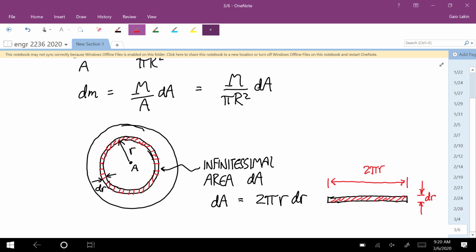That is a trick that comes up in integral definitions of all sorts of things when you're doing circular shapes.